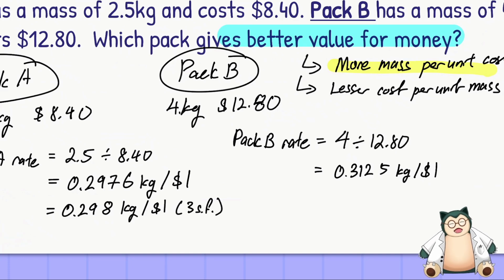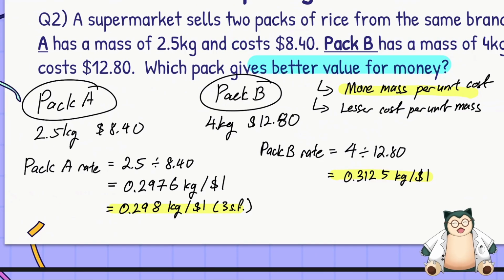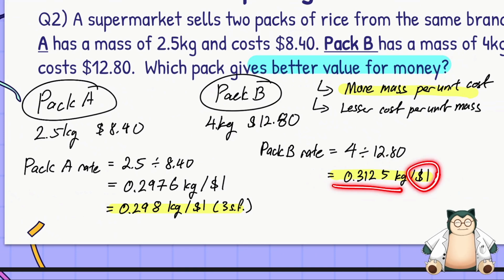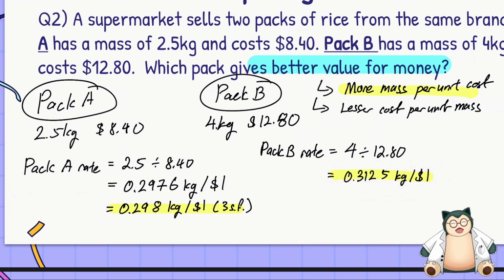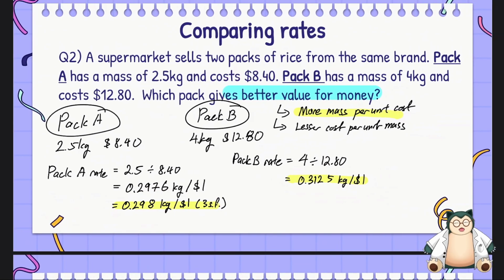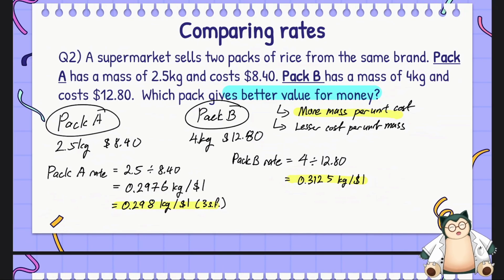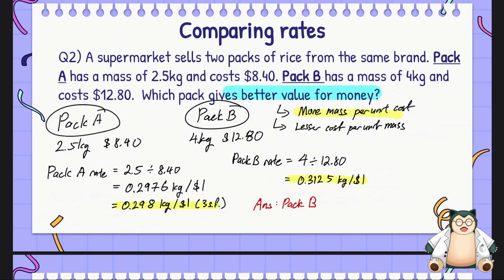Rounded to 3SF. When we compare these two values, what we notice is that on the right side, I can get more mass of rice for the same $1. Whereas on the left side for pack A, I get less mass of rice for the same $1. So in this case, the answer would be pack B. Now of course if you want, you can also use the cost per unit mass, where you take the opposite.